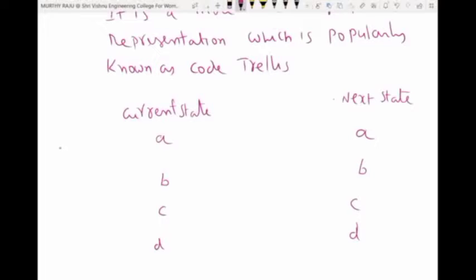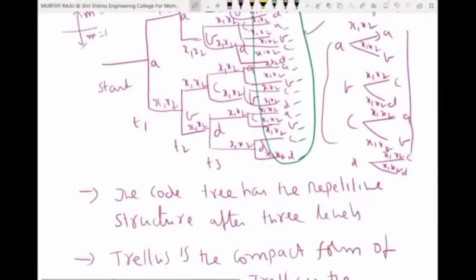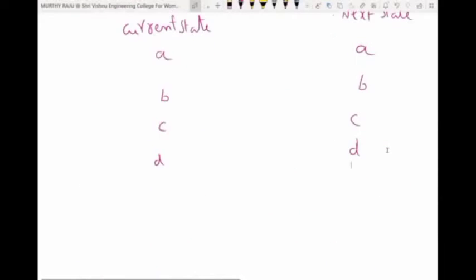With the help of this signal flow graph, here A to A to B. Here A to A. Solid line represents the input bit M is equal to 0.